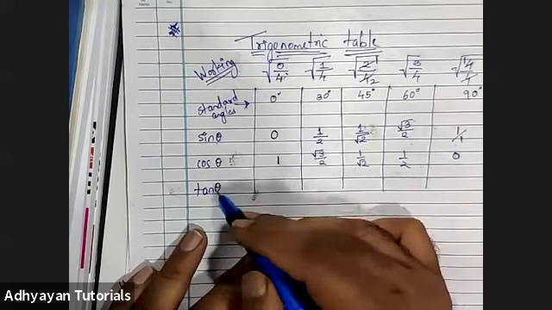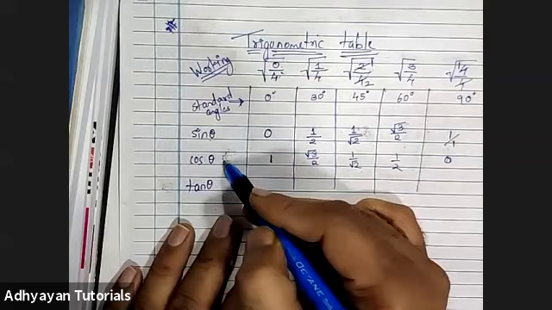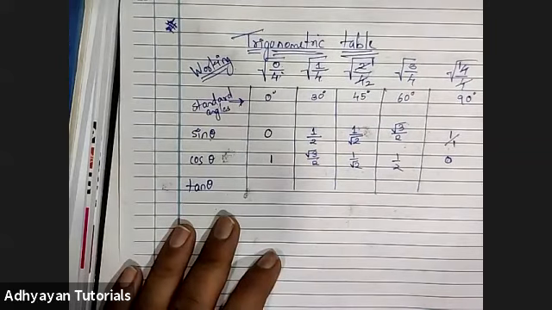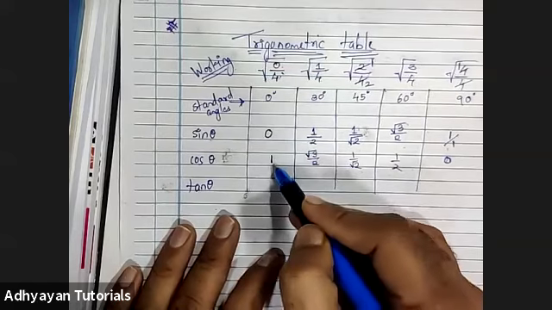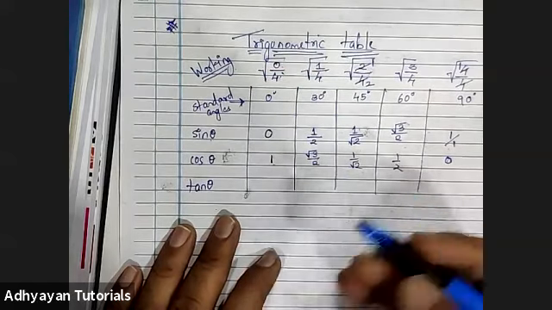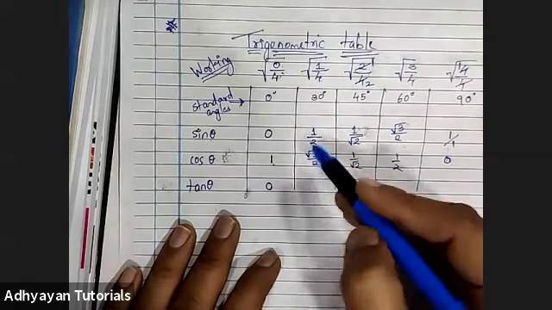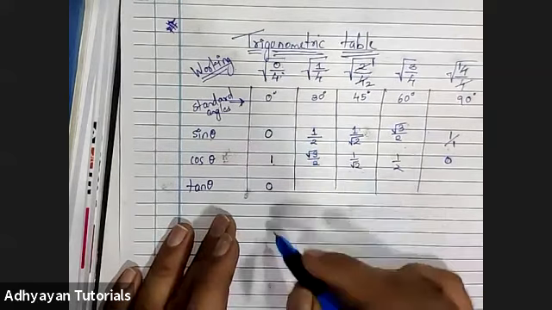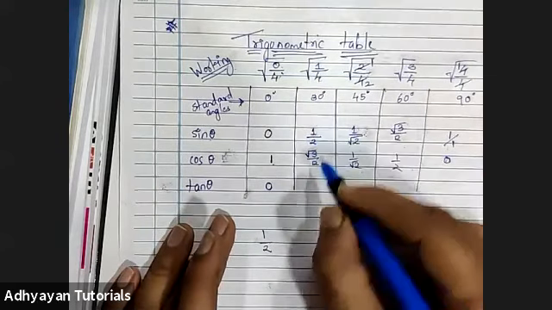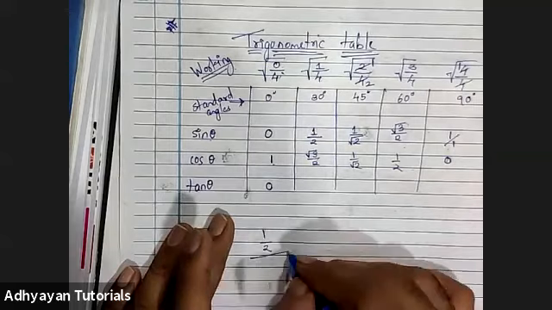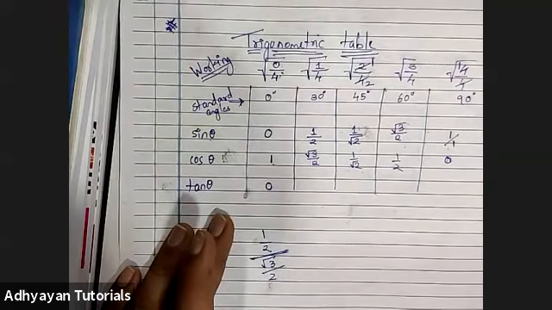Yeah. Now children, we all know tan theta from the last class is nothing but sin theta upon cos theta, correct? So we have to divide these two values, that is 0 divided by 1. Children, 0 upon 1, we all know the answer is 0. Likewise, we have to divide these two values. I'll just show you here. Just say, for example, 1 upon 2 is to be divided by root 3 upon 2, correct?